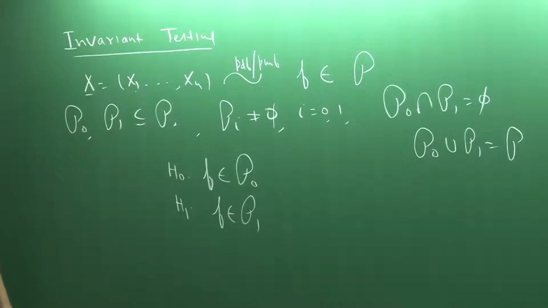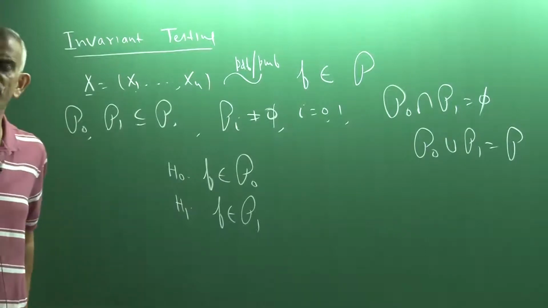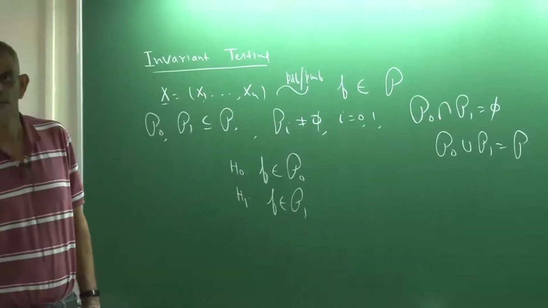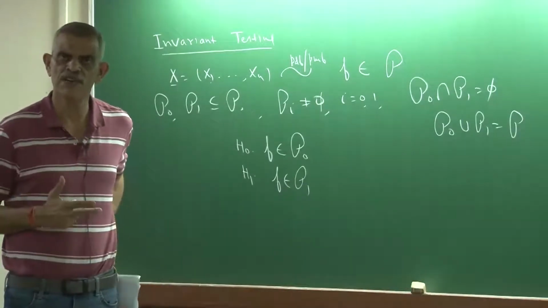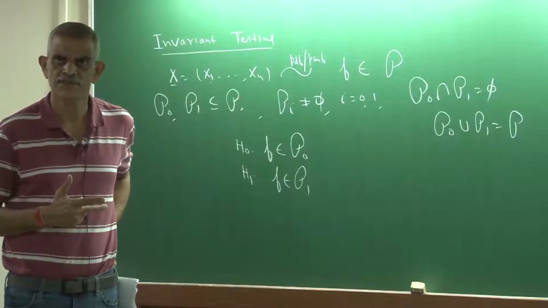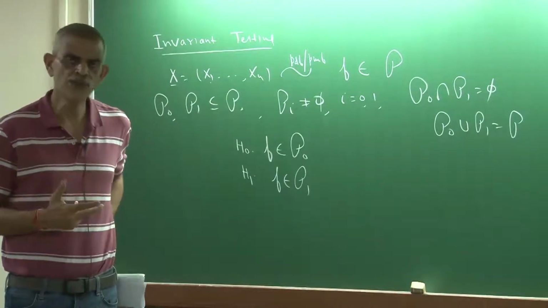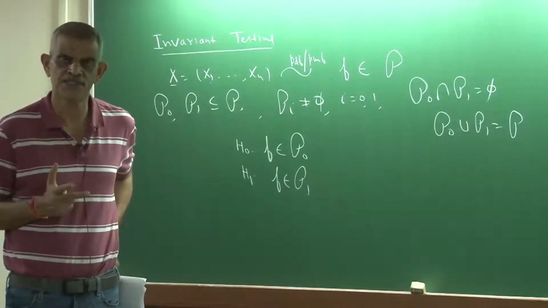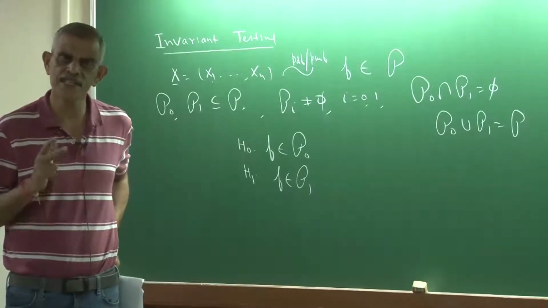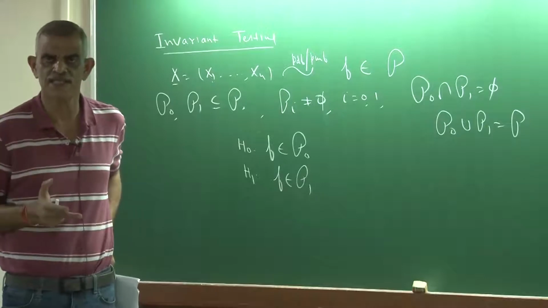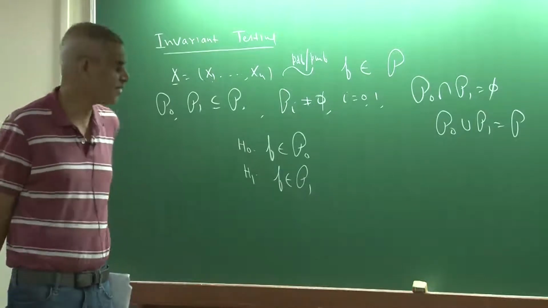Now as I said, the advantage of studying invariant tests is that many times my testing problem might have a nice structure. If it has a nice structure, then my test procedures should also have nice structure, and that may reduce the class of all tests which one needs to consider. Once the class of tests is restricted, then finding a best test within that class may be possible in certain situations.